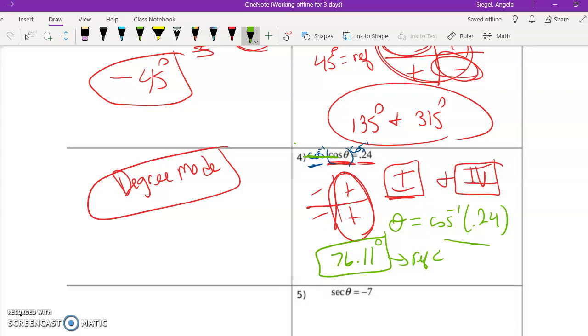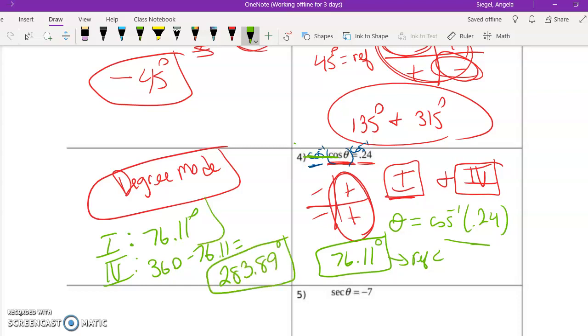So I know that in quadrant 1, my angle is going to be 76.11 degrees. In quadrant 4, I'm going to take 360 and subtract my angle, and so I end up getting 283.89 degrees. So that's that process there.